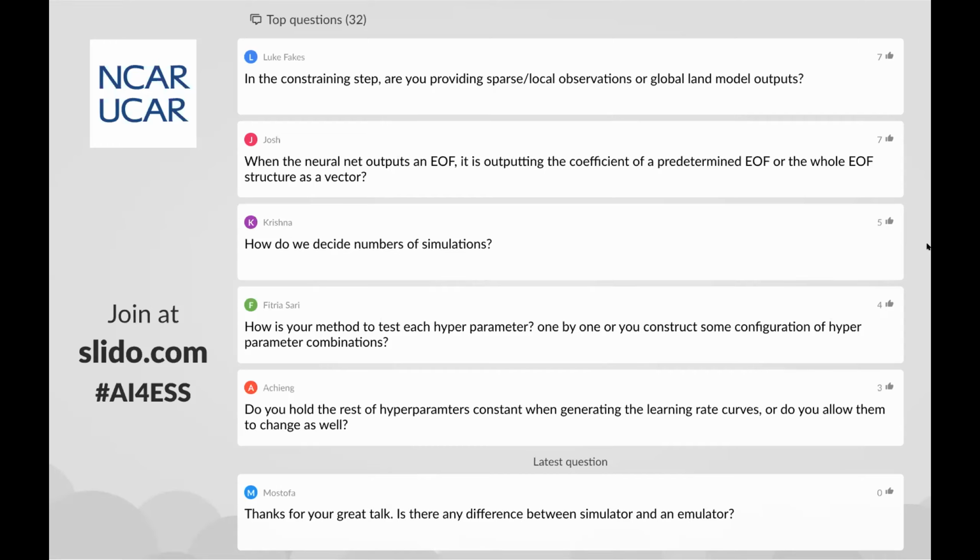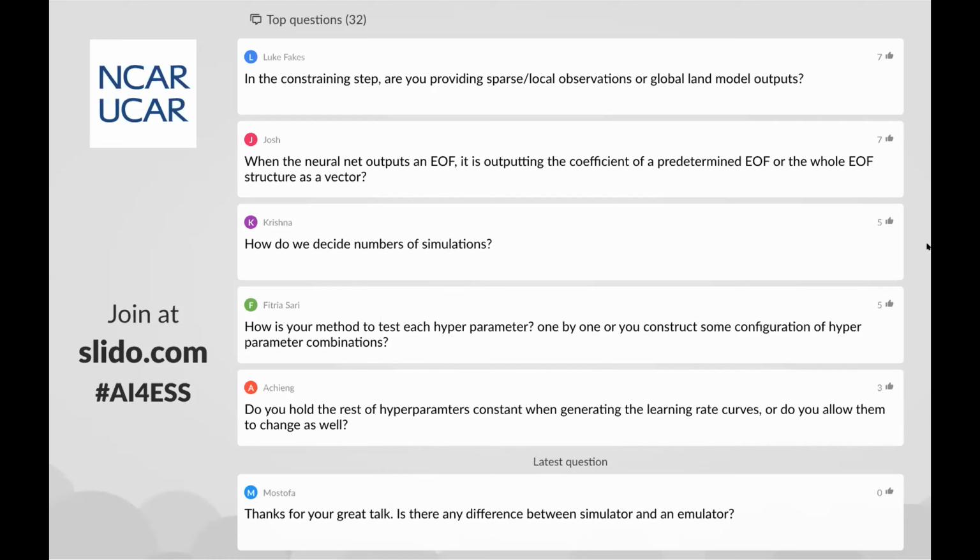So those histograms that I showed comparing the observations in red and the emulator predictions in blue, that's based on EOF space, but the observations are global and they've been translated into the EOF space. And so that plot that I showed at the end with the spatial variability was showing, you know, globally where we have the observations and also the output of the model.